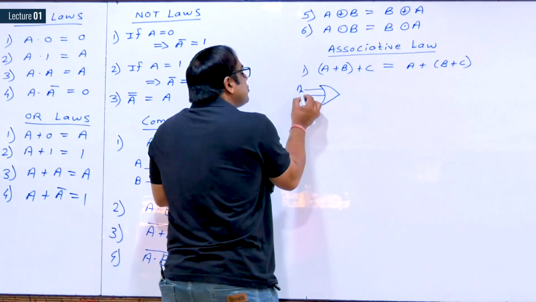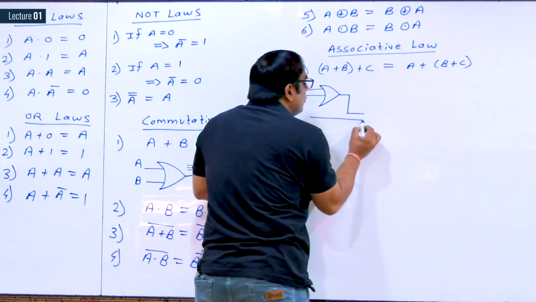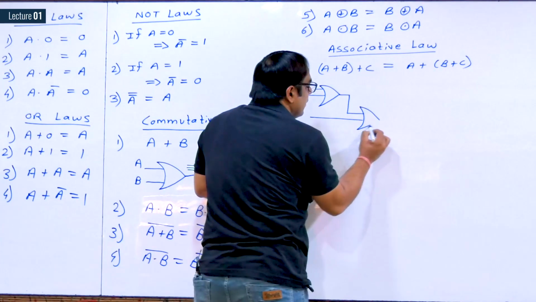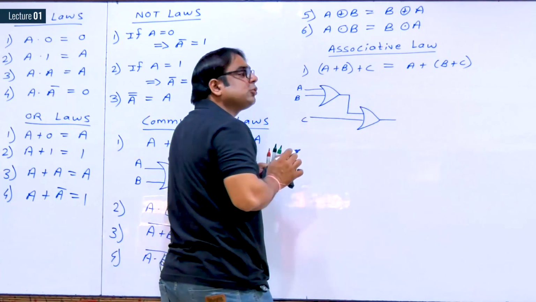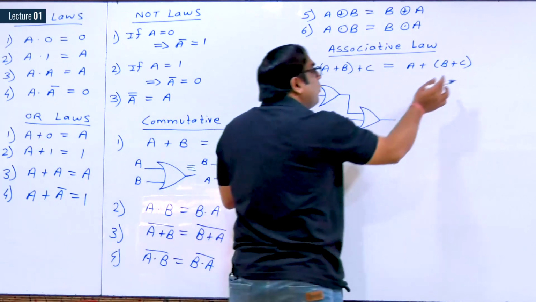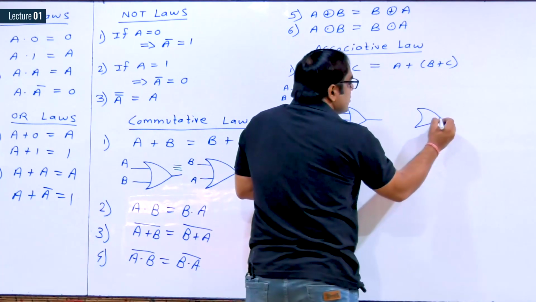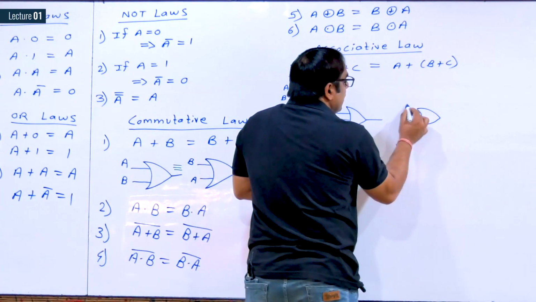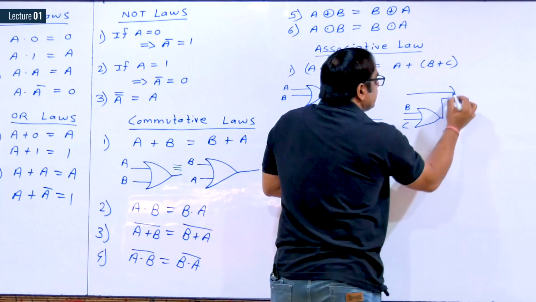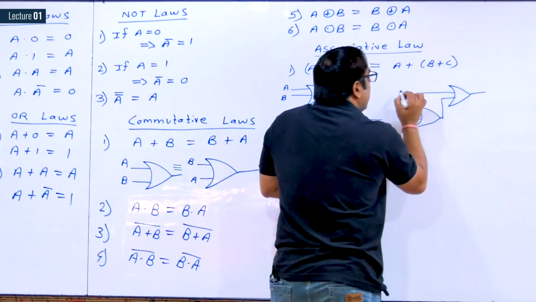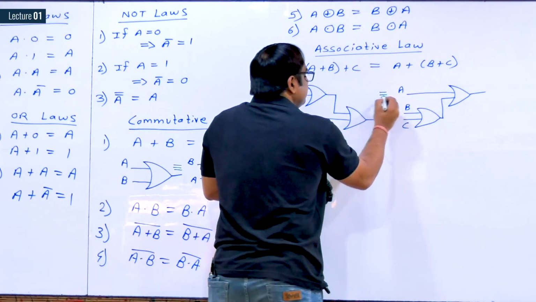so let's say if you solve A and B first, and then you solve the output with the input C, this one. In other case, you are solving B and C first and then the output with A. Both are equal.